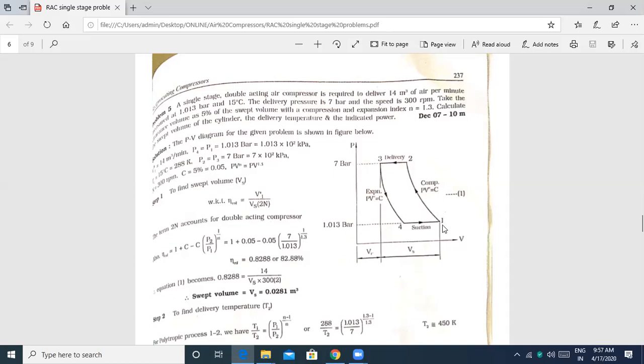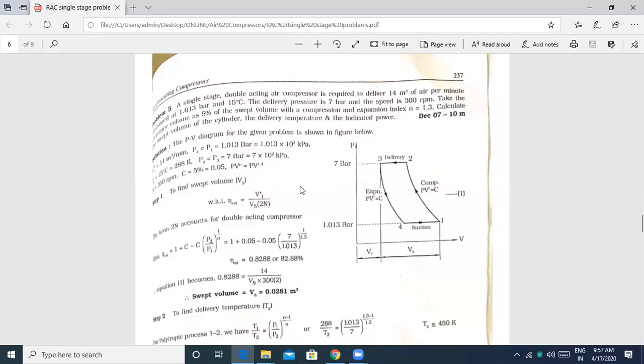So T1 is 15 degrees Celsius. The delivery pressure is 7 bar, meaning P2 and P3 are the same, 7 bar. And the speed of the engine is given, 300 RPM. Take the clearance volume as 5% of the swept volume.